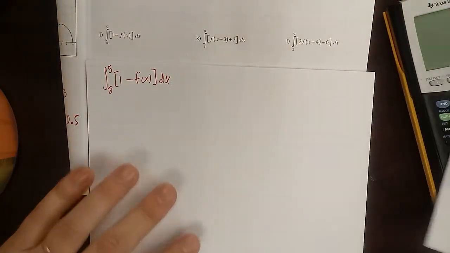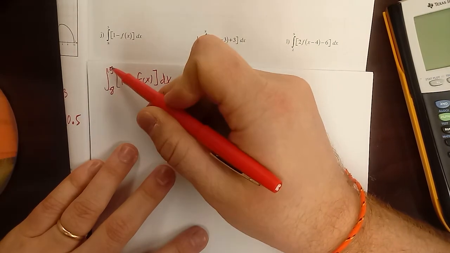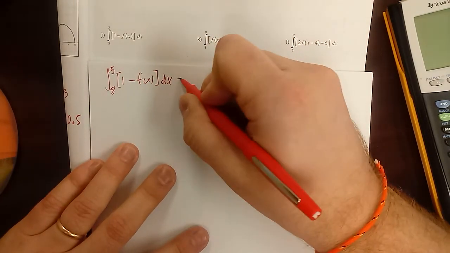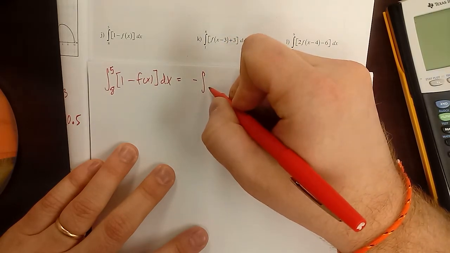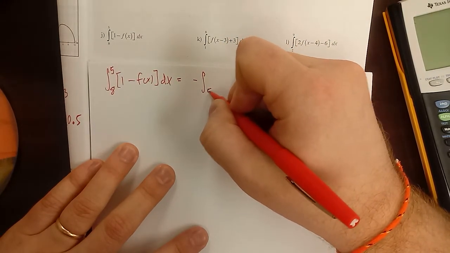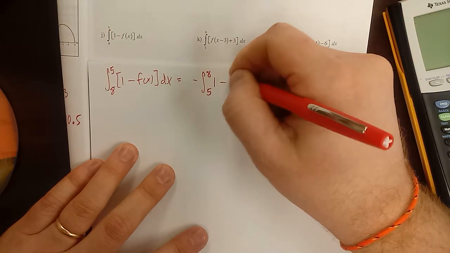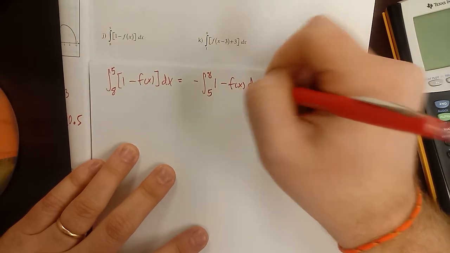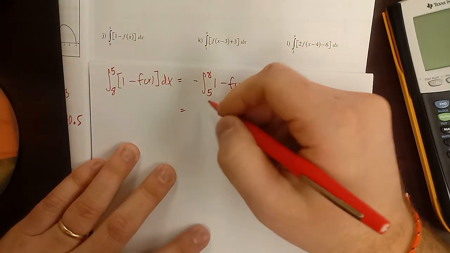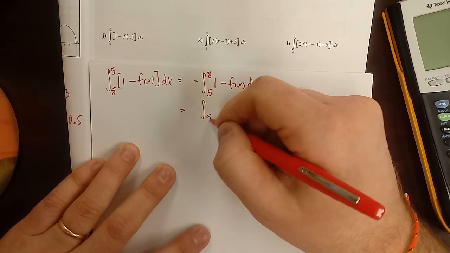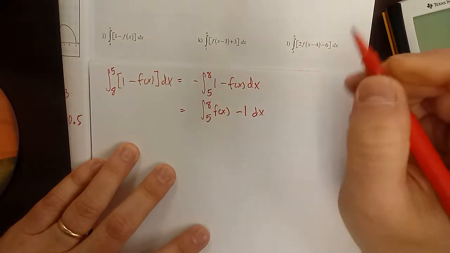So here, since I see it's from 8 to 5 of 1 minus f of x dx, I could rewrite this as negative the integral from 5 to 8, and still have it as 1 minus f of x, because the integral doesn't change. But then I could distribute the negative in here and get this as the integral from 5 to 8 of f of x minus 1 dx.